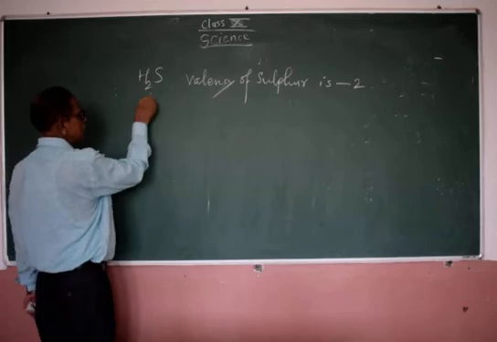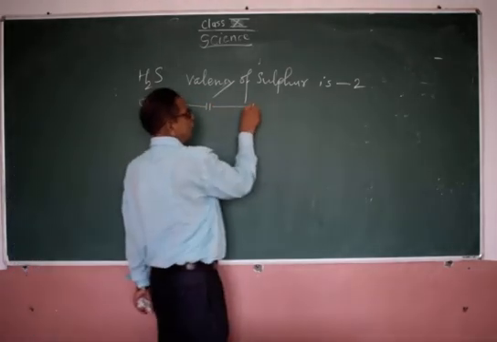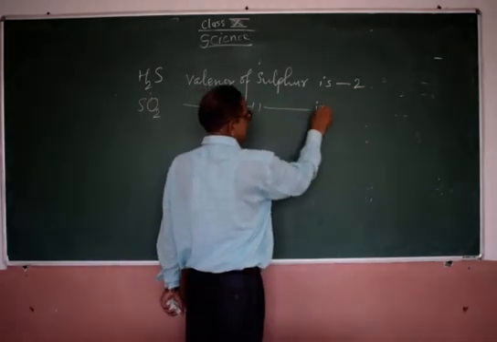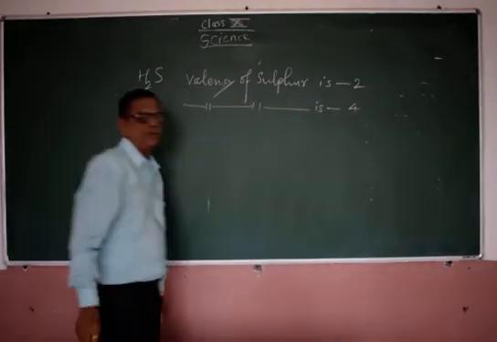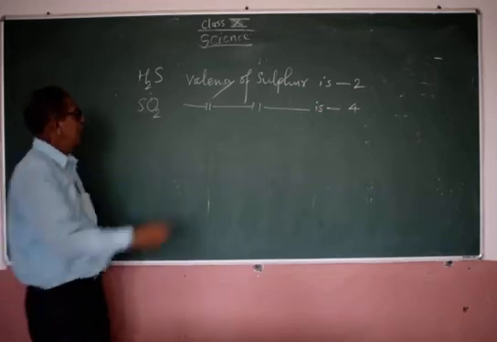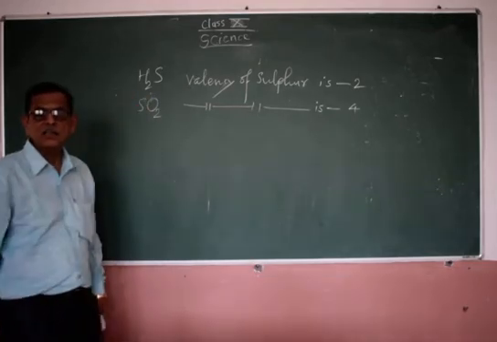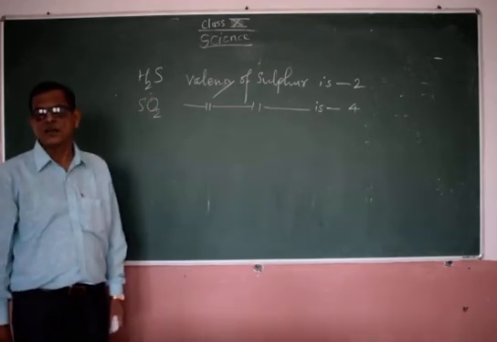In SO2, see, the valency of sulfur is 4. How? Here 2 oxygen atoms are combining with 1 sulfur atom.